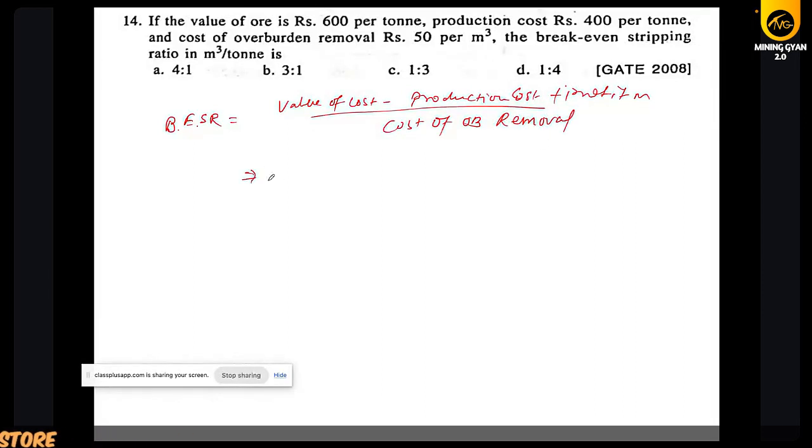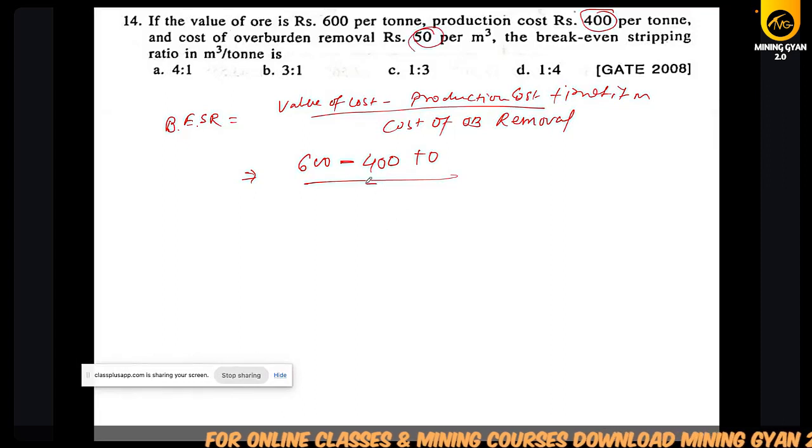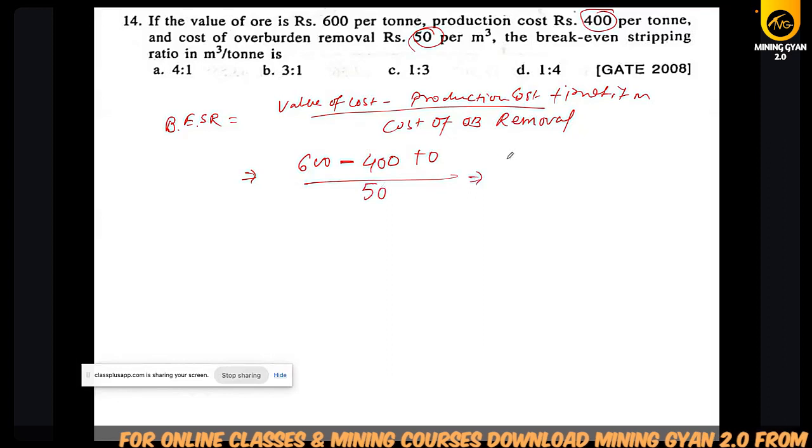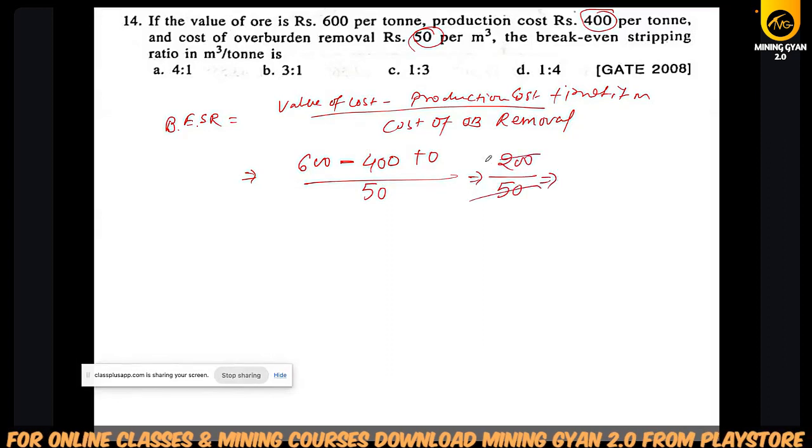So the value of the ore is 600 per ton, minus production cost of 400 per ton, plus 0, divided by the cost of removal, which is 50 per ton. So it will be 200 divided by 50, that will be 4 meter cube per ton.